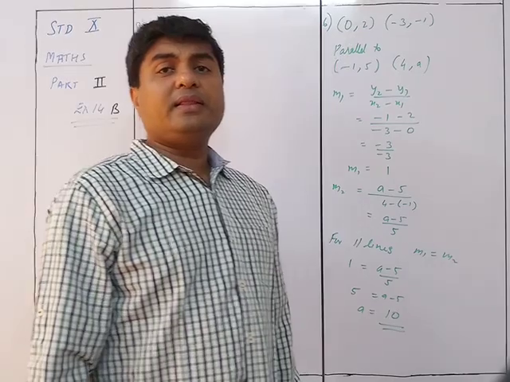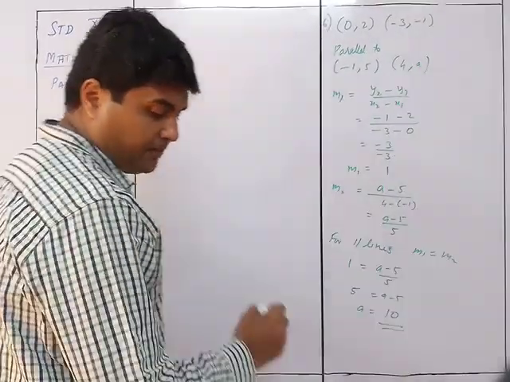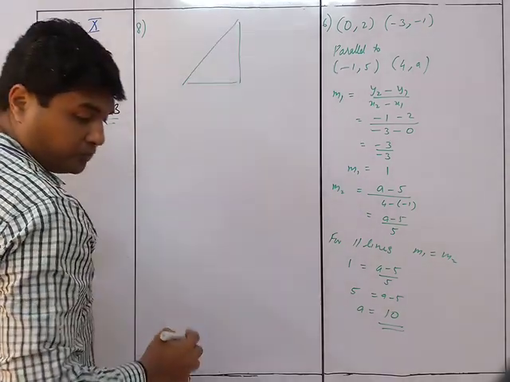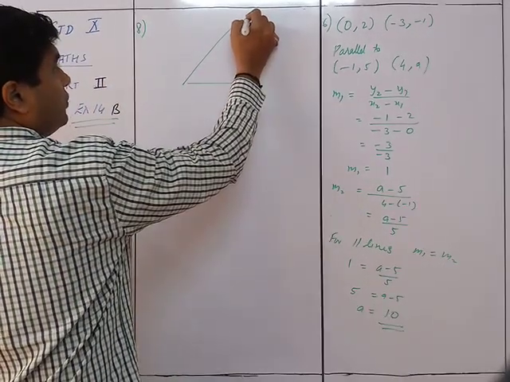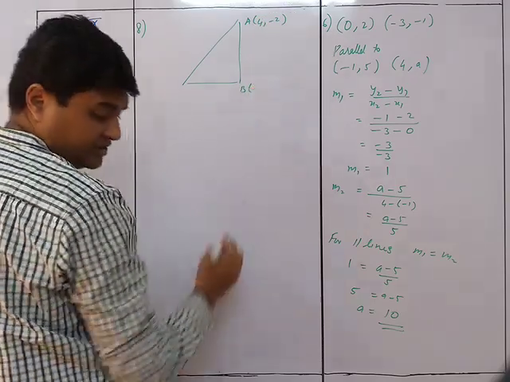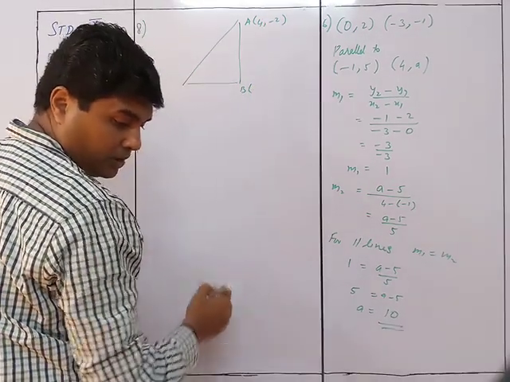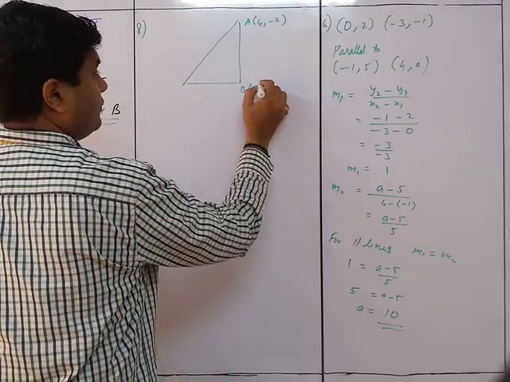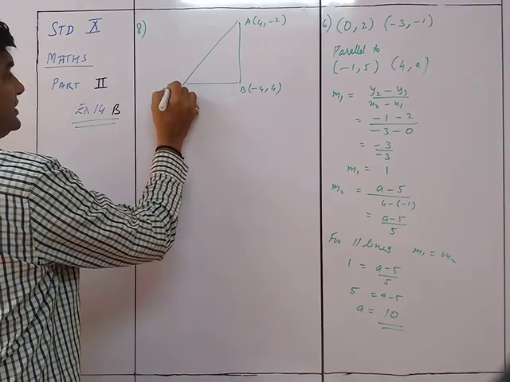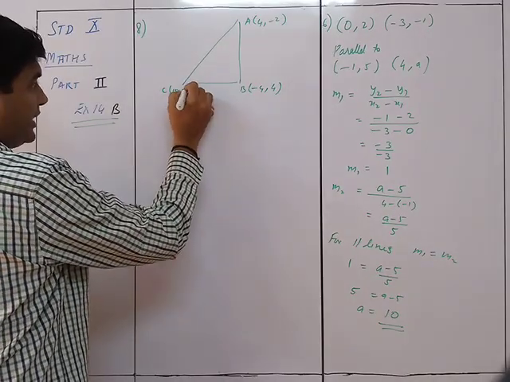You are given the 3 points over here. A is (4, -2). B is (-4, 4). And the last one is C, which is (10, 6).